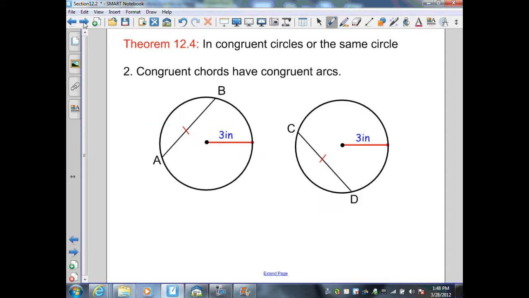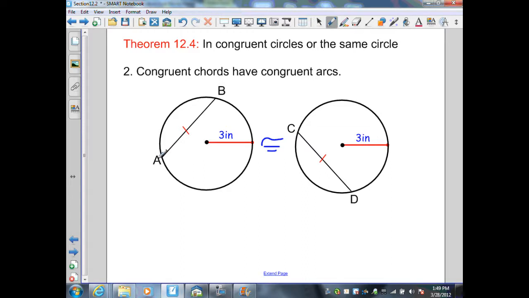Part 2. Again, in congruent circles, or the same circle, if I have congruent chords, then I have congruent arcs. Here, I have two diagrams of circles. I know that these two circles are congruent because circles that have the same radii must be congruent.